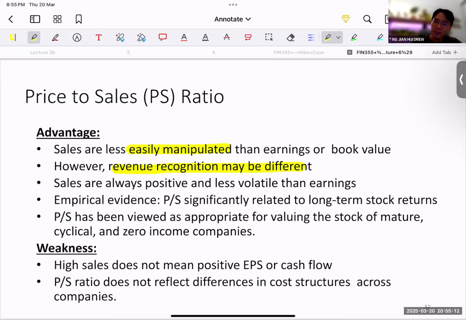Include subsidiary? What do you mean? What are you trying to say on this one? More subsidiary, more revenue, I guess yes, because subsidiaries are consolidated, right?